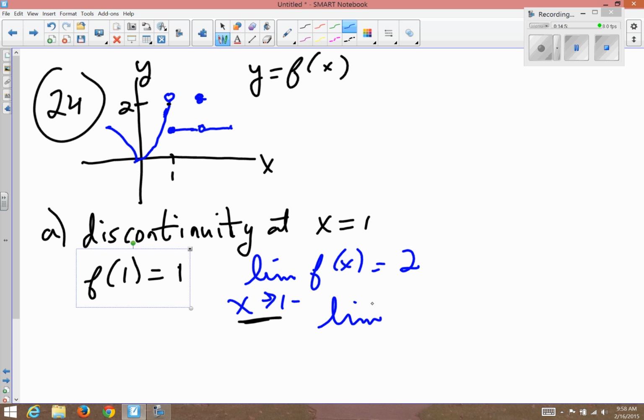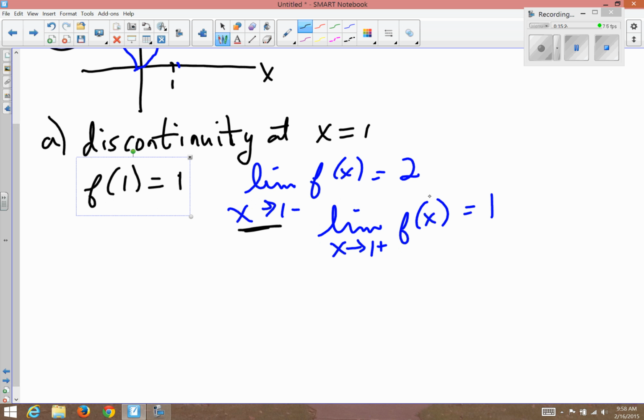But the limit of f of x as x approaches 1 from the right is 1, because on the right side of 1, for example at 1.01, the y value there is 1. And x is very, very close to 1, but on the right, y is 1.